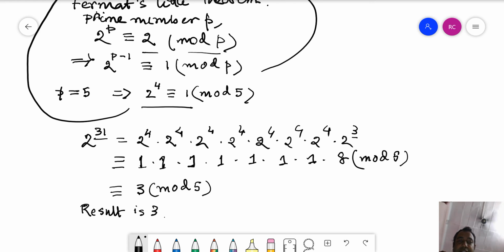Okay, one more thing which I think you might have a doubt about is, why did we multiply the remainders?